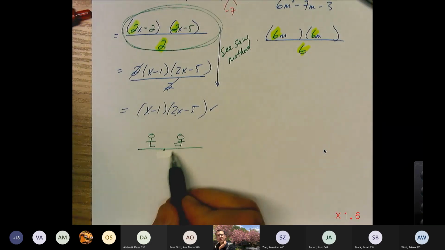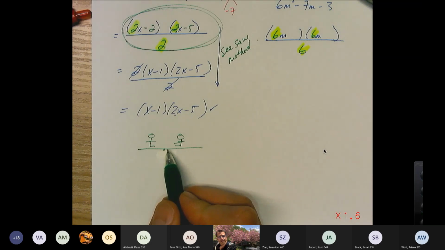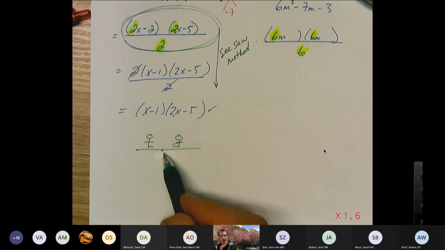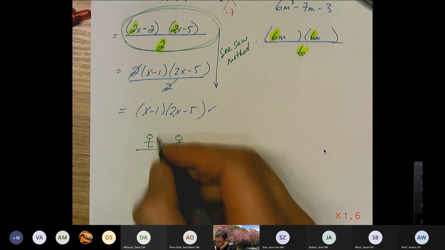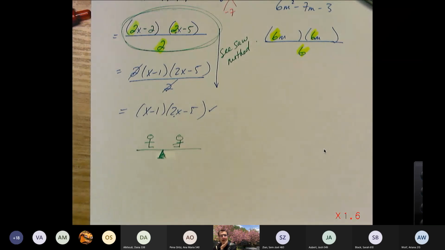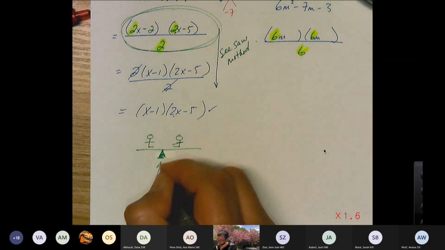You have two dumb kids sitting on a piece of wood on the grass, right? So if you forget the 2, you don't have the seesaw method. You've got two dumb kids sitting on a piece of wood on the grass, and that's just silly. So don't forget the number on the bottom. That's what makes it a seesaw.